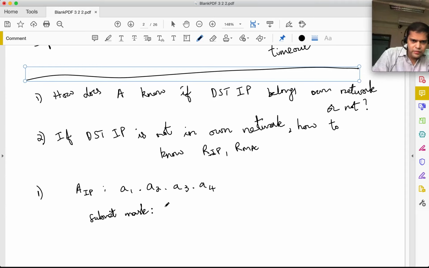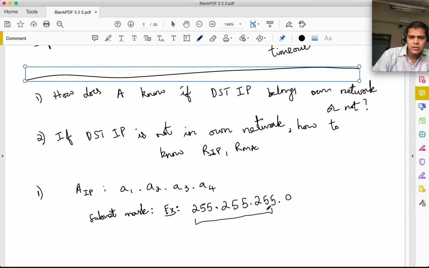For example, the subnet mask might be 255.255.255.0, so this is saying that these leading bits are all ones.